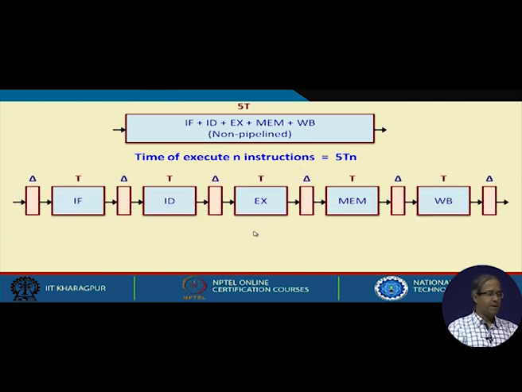Now, for the pipelined version, we do something like this. We break these 5 steps into 5 stages and we insert latches between stages. Let us assume that each of these stages takes time t and latches have a delay of delta.